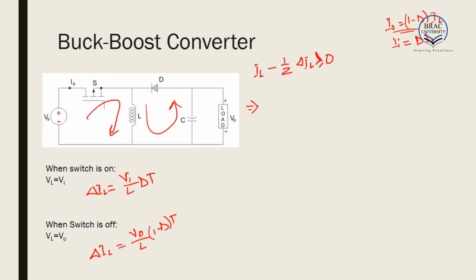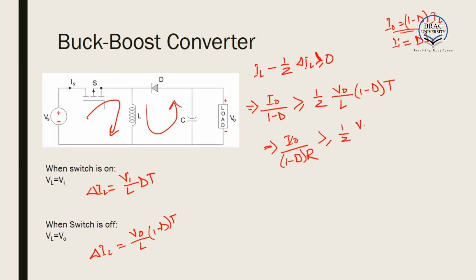So we can write IL is equal to I output divided by (1 minus D), which is greater than or equal to half ΔIL, equal to V output by L into (1 minus D) into T. So we can also write I output is equal to V output divided by R, greater than or equal to half V output by L into (1 minus D)T. Now V output and V output will get cancelled.